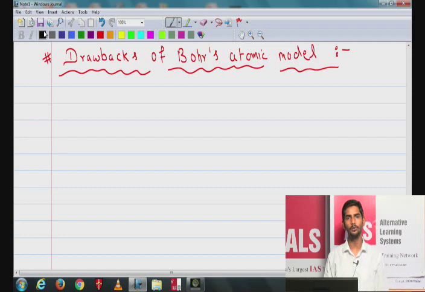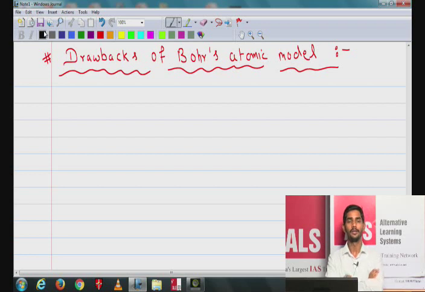After that, we got to know that the theory of Dalton was quite wrong, and to explain the atom, many attempts were made by scientists. The first attempt was by Thomson, and we know that attempt was totally wrong. After that, a quite successful attempt was given by Rutherford, but later we came to know that model was also wrong.